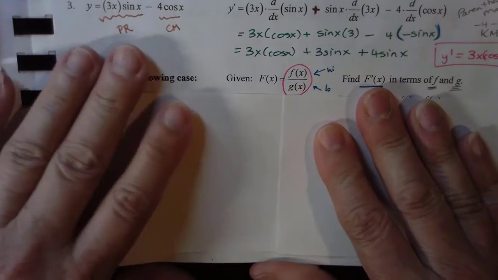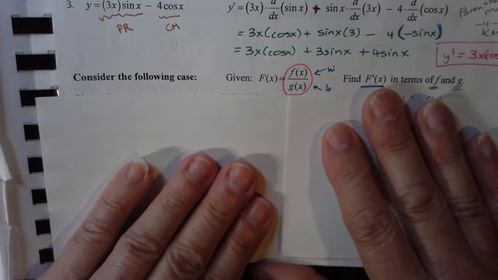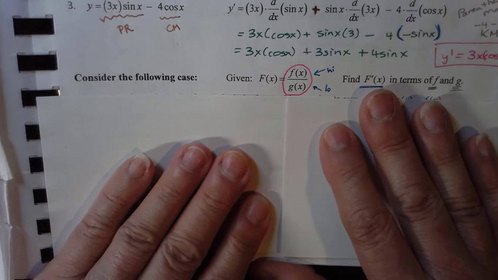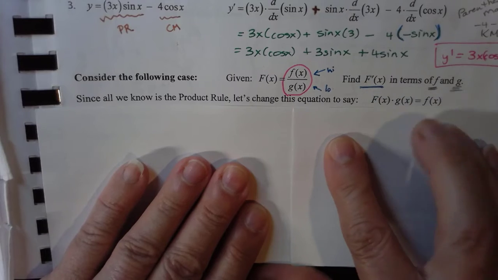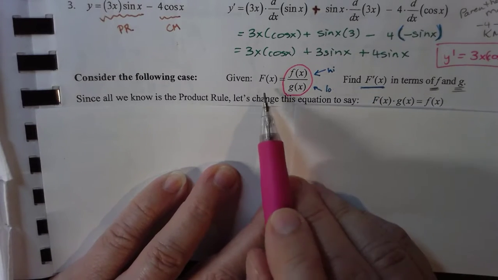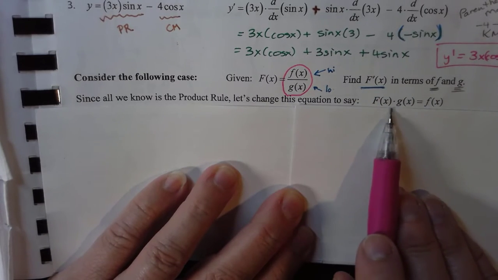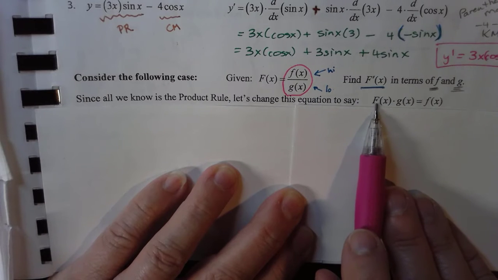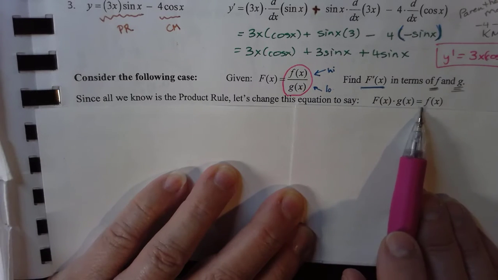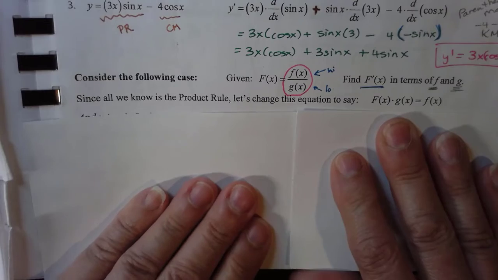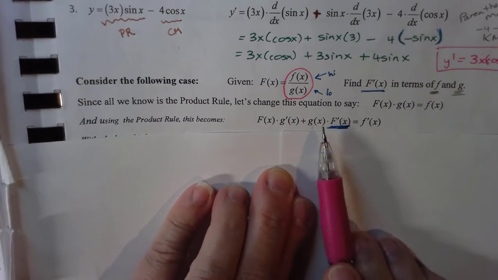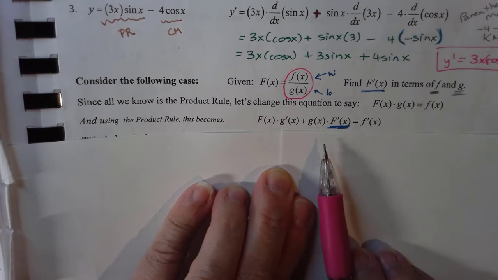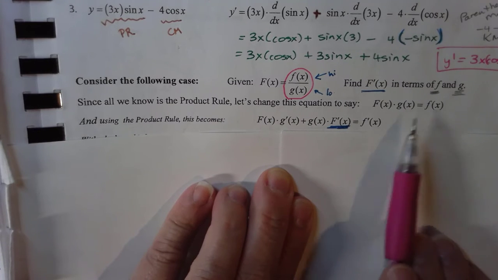Now, the thing is, all we know from the previous part of the lesson was product rule, and we do not have a product. So since we only know product rule, let us change this equation to one where we have a product. So big F of x times g of x equals little f of x. Now we're ready to use our product rule. F times g prime plus g times F prime of x equals little f prime of x.